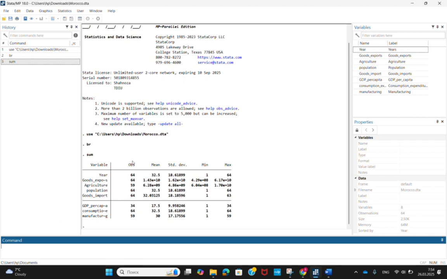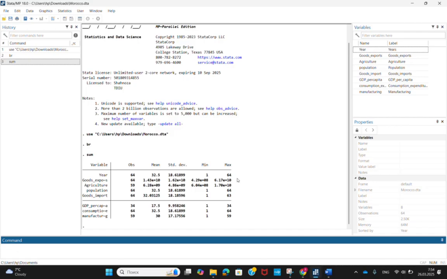There are 64 observations, and here you see 59 and 34 observations. This is not a problem for us, and there are just 44 and 55 data in World Bank. Observation, mean, standard deviation, minimum, maximum, and here variables.